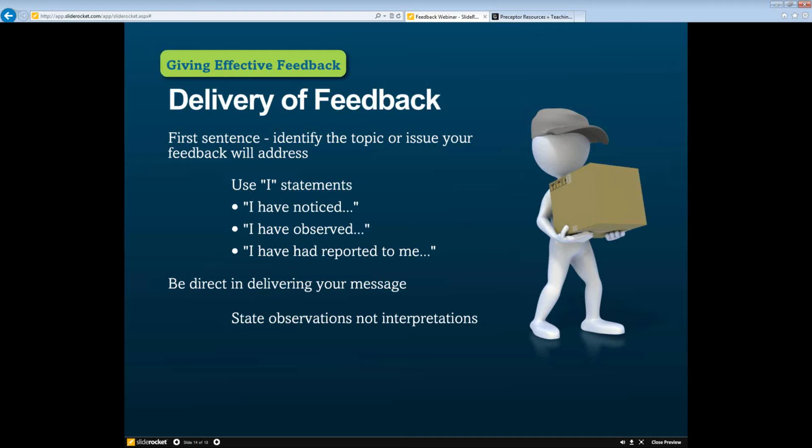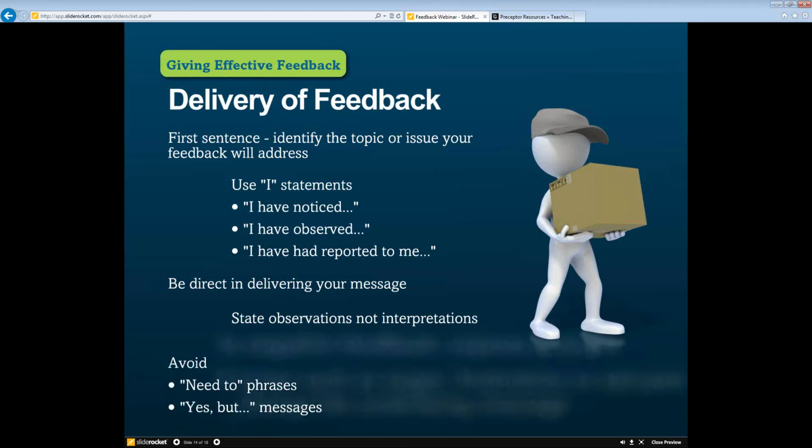That's an observation, not an interpretation. Hopefully people wouldn't give feedback that is couched in the way of, this is the worst abdominal exam I've ever seen. Again, that doesn't give the person a specific thing to work on. They don't know exactly why you have judged it or interpreted it to be the worst that you've seen. So state observations, not interpretations.